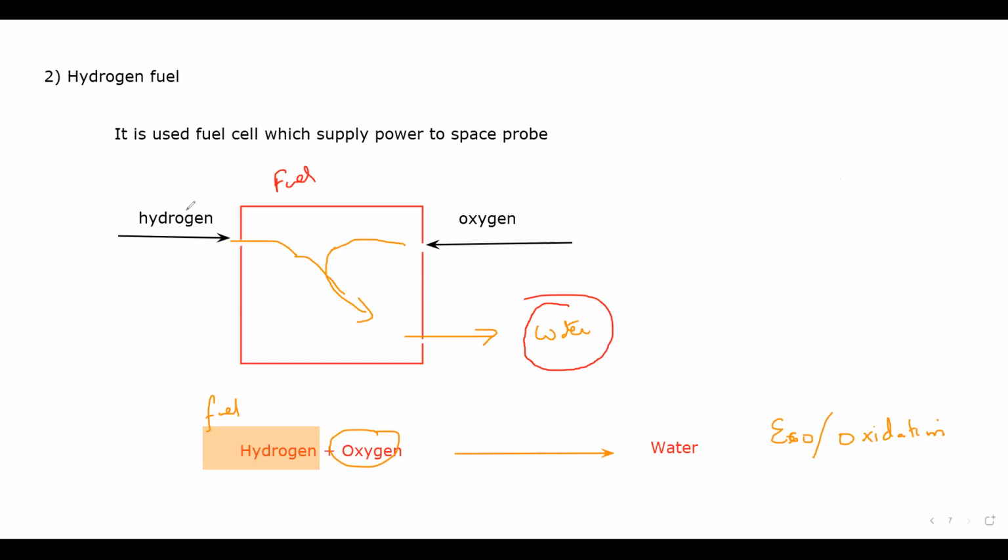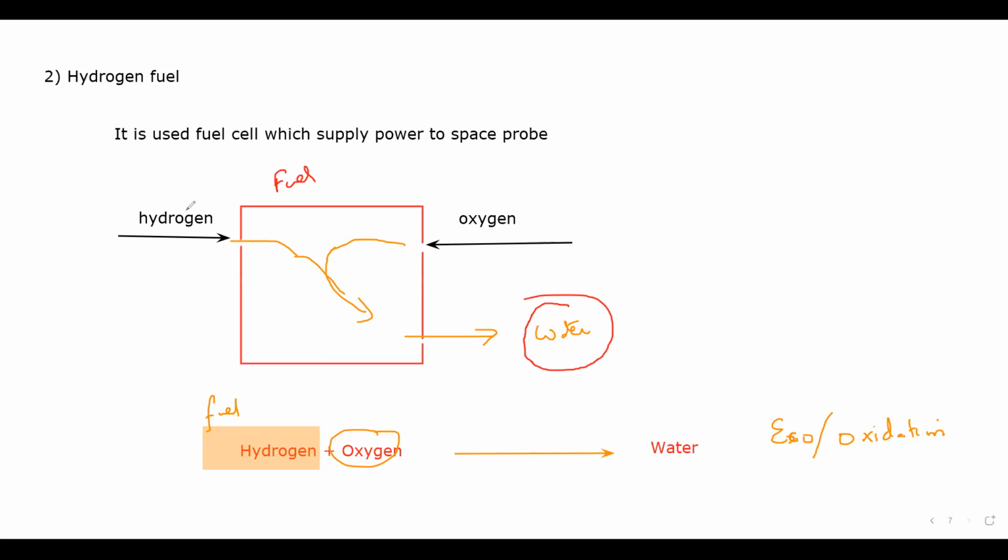But the main issue with hydrogen is how to extract and store it. It is a difficult thing. That's why you don't find devices working with hydrogen. They normally use petrol, diesel or natural gas instead, because hydrogen is difficult to store.